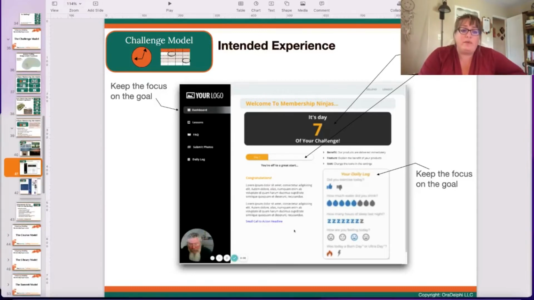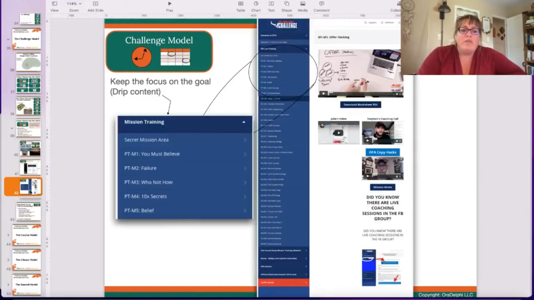Another really good example is the way they used to run One Funnel Away Challenge. They're doing a lot of changes on it, but how they used to run it was very much like Mission Impossible. You'd have your day 1 mission, day 2 mission, and it wouldn't unlock until that day.